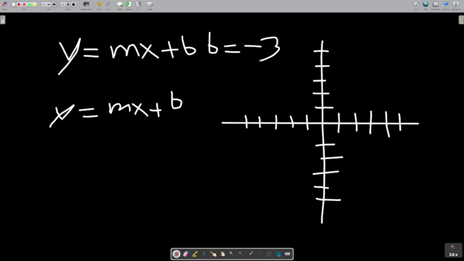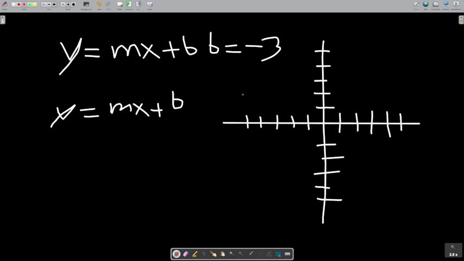The y-intercept is basically just when x is 0. There's a point where x is 0 and b is something. So if x is 0 and b is negative 3, that means it's going to be on the y-axis. It's a requirement. So it's going to be right here at negative 3.